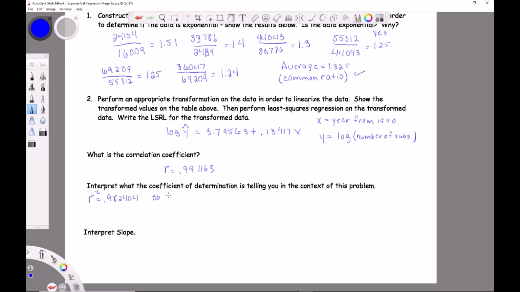So 98.2% of the variation, be careful, in the log, because we're still in logarithmic values, of the number of subscribers can be explained by the variation in the number of years since 1990.